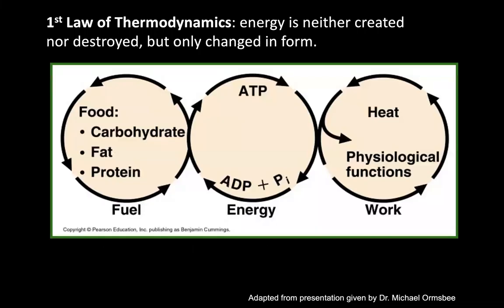And so I'm bringing up the first law of thermodynamics when we discuss bioenergetics and also metabolism, because what the first law of thermo says is basically energy is neither created nor destroyed. It's just transformed. And that's really what we do when we eat food and digest it. When you put food in your mouth, you chew it, you start breaking it down, you swallow it.